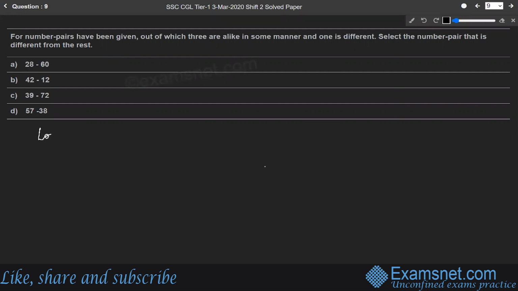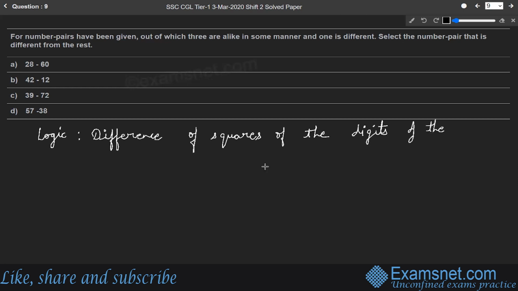The logic is: difference of squares of the digits of the first number is equal to the second number.